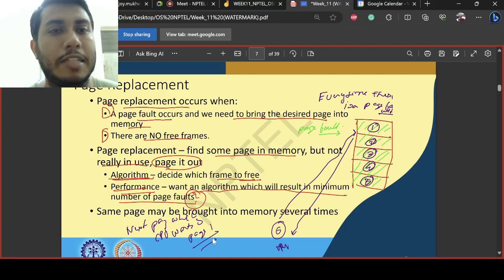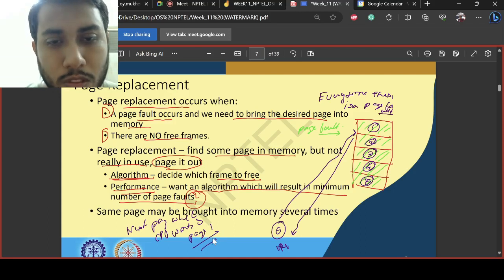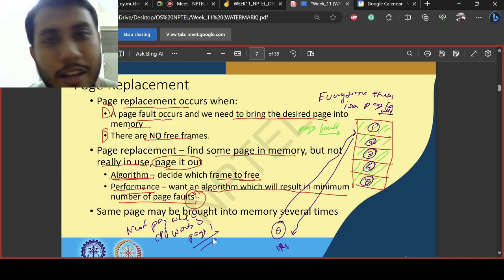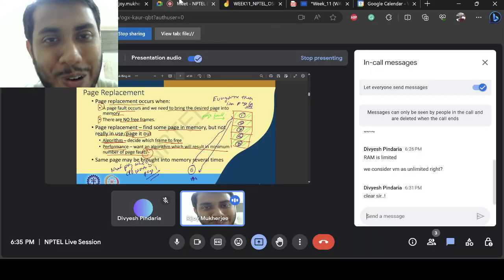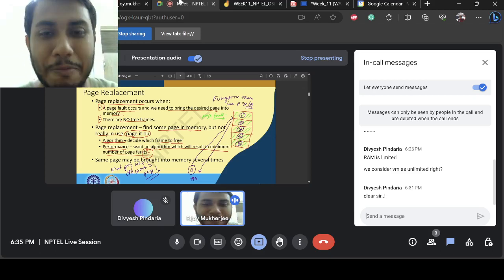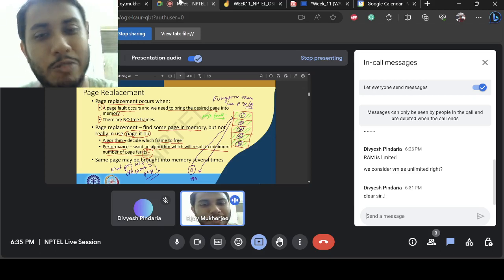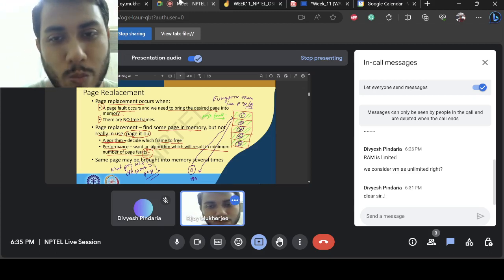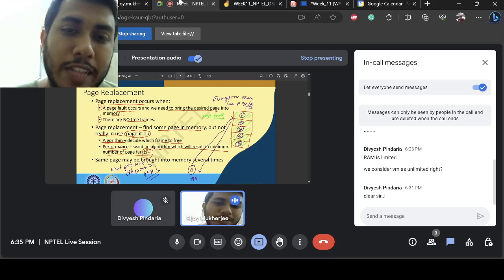You have just swapped out page 1, but the CPU is now requesting it. That means again there will be a fault, because you have just removed it from main memory and now have to bring it again from virtual memory. So this will be a fault.